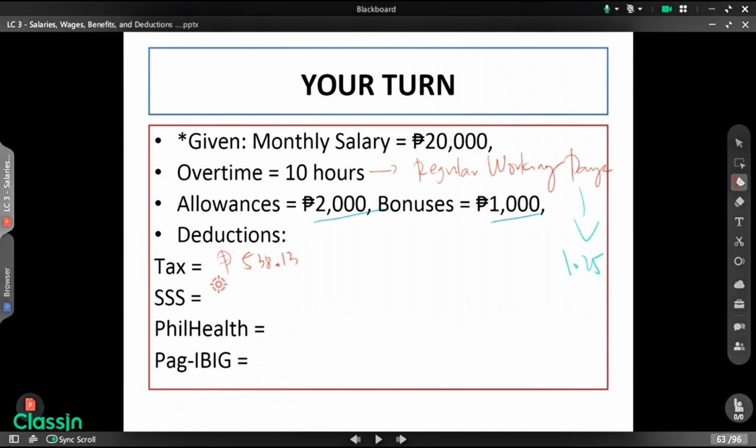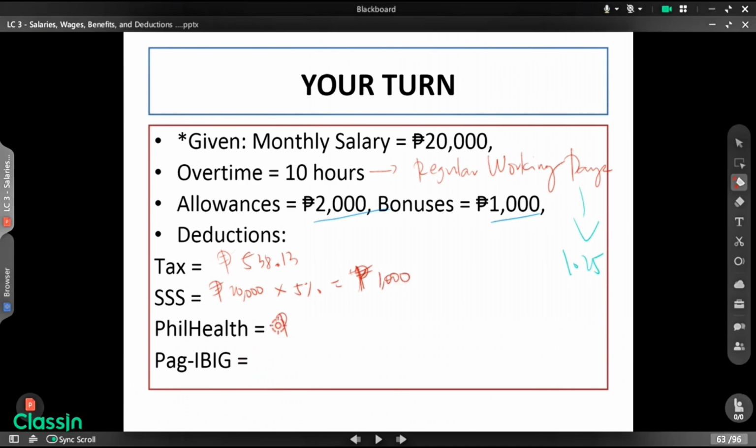And for the SSS, the contribution of the employee is 5%. So 5% of 20,000 is 1,000 pesos.